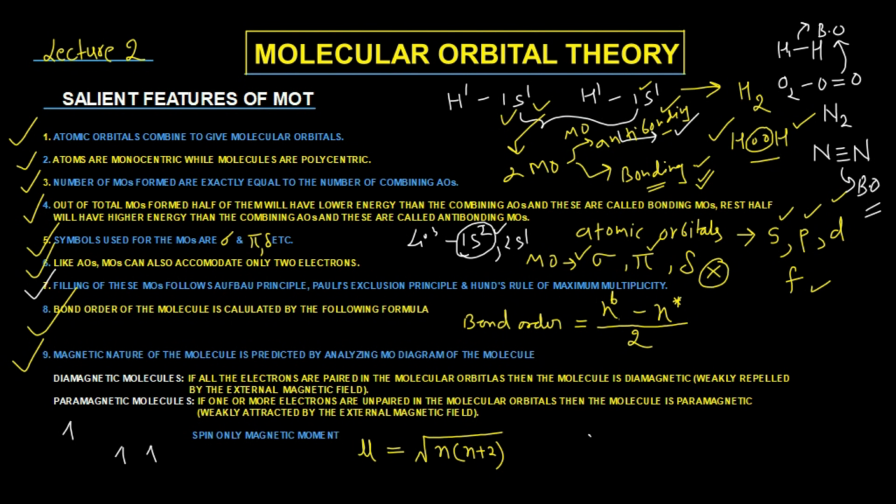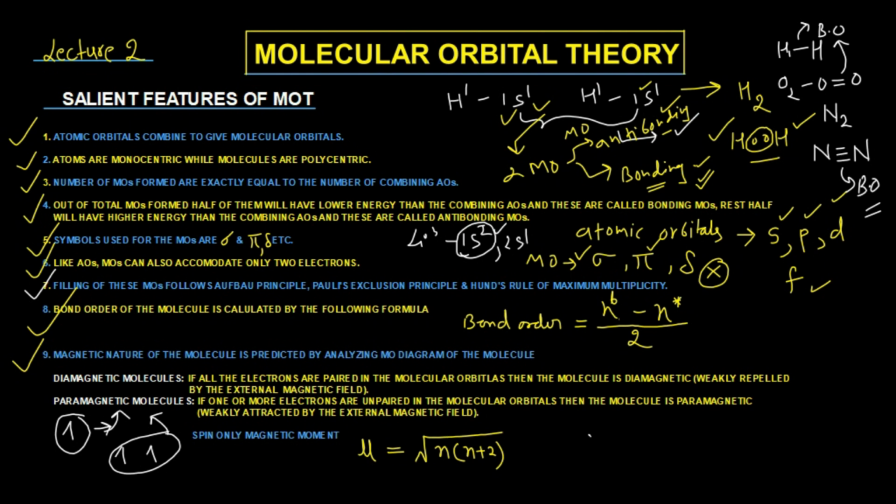This molecular orbital theory is not only applicable to molecules, but also to molecular ions. So when one unpaired electron is there, it is paramagnetic in nature. If two unpaired electrons are there, again it is paramagnetic in nature.